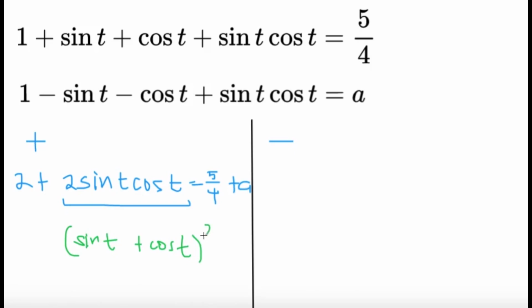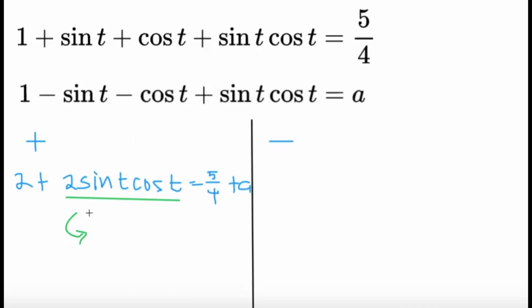So if I square this, it is expected that this term is going to appear. So if I solve for 2 sin t cos t, it is equal to 5/4 + a − 2. So a + 5/4 − 2 is simply equal to a − 3/4.